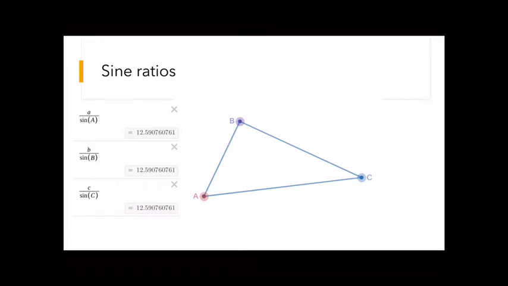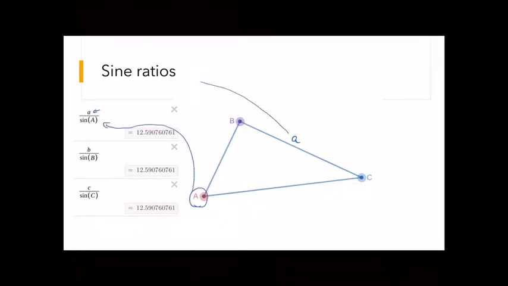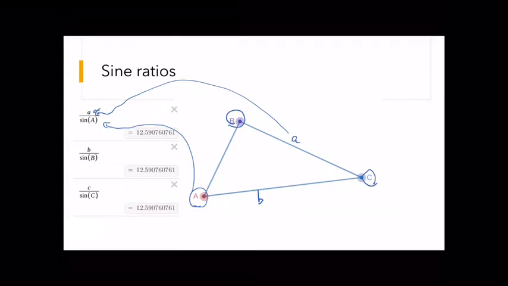If you take the length of the side and divide it by the sine of the opposite angle, and you make that a ratio, and then you take the second angle and the second side, and the third angle and the third side, and you divide them, a over sine A, b over sine B, c over sine C, that ratio will always be the same. And this is the sine law.